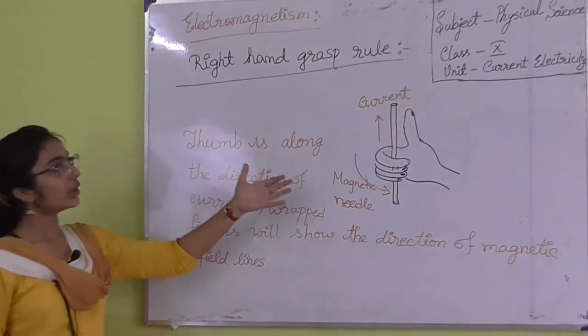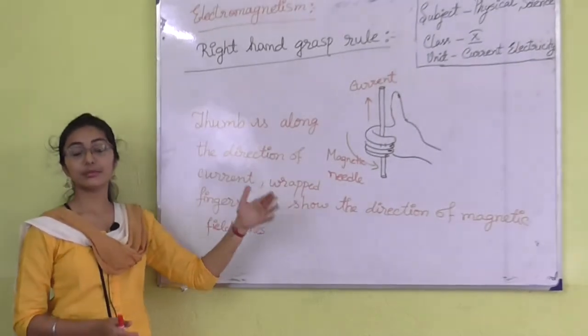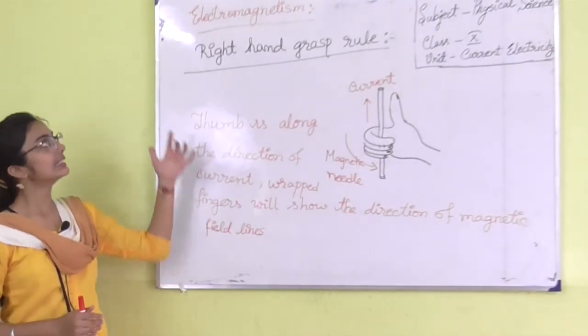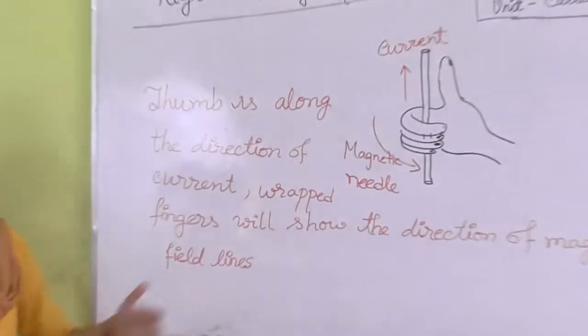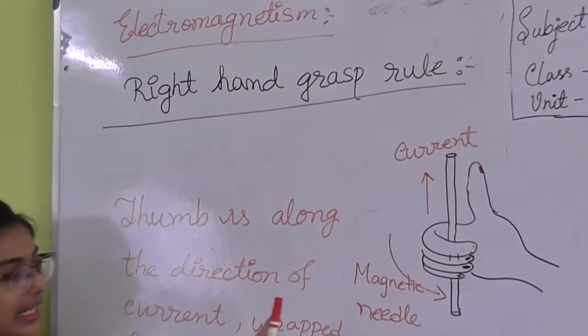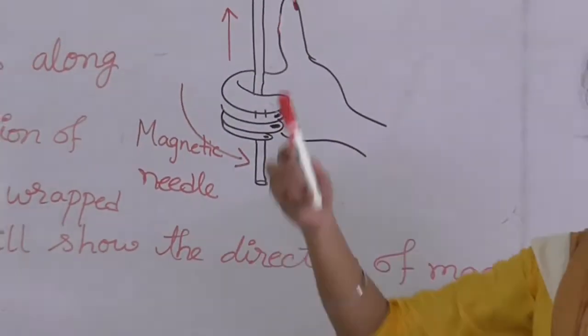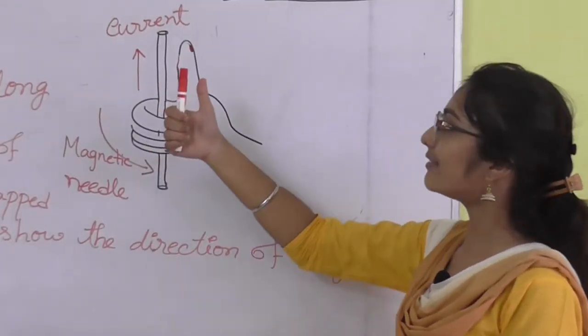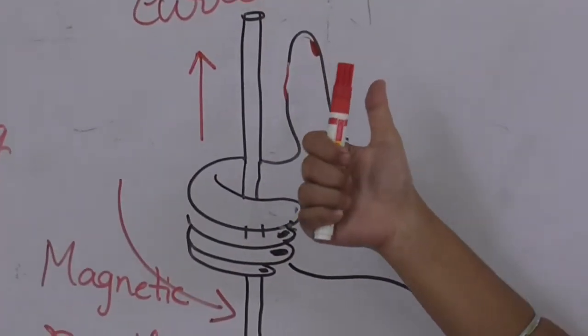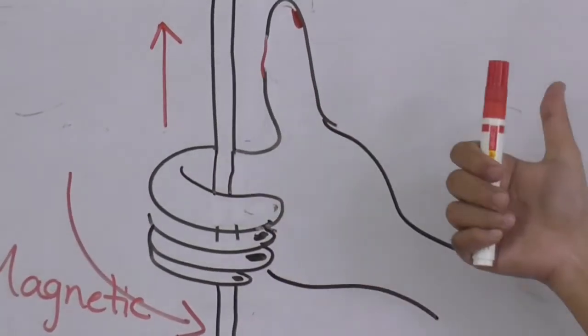This is another rule of finding the direction of deflection of magnetic needle, that is the right hand grasp rule. Suppose I have taken a conducting wire like this, just as in the picture.